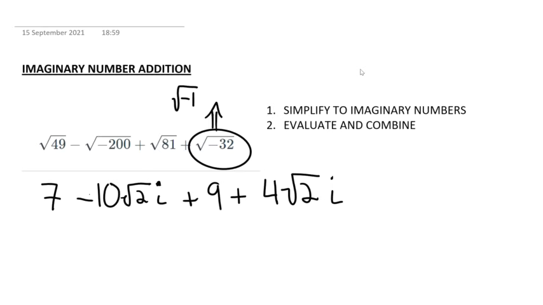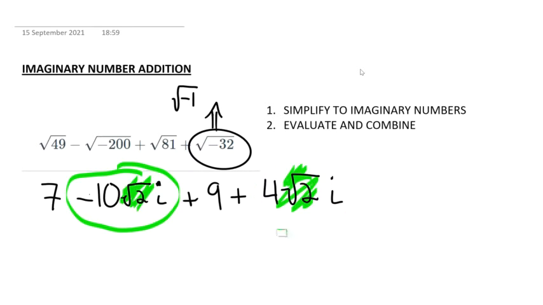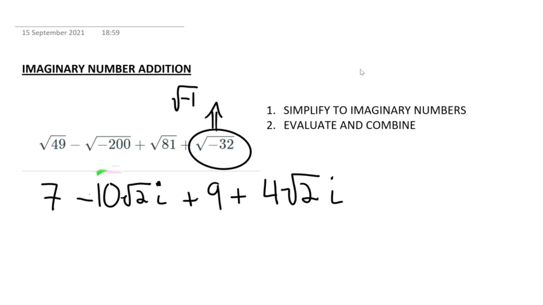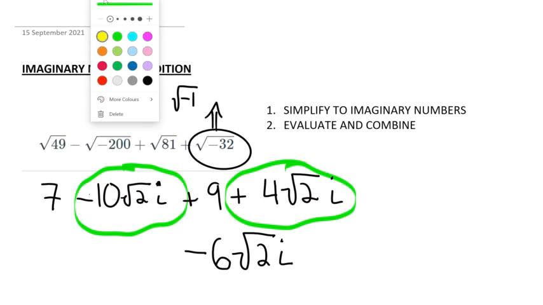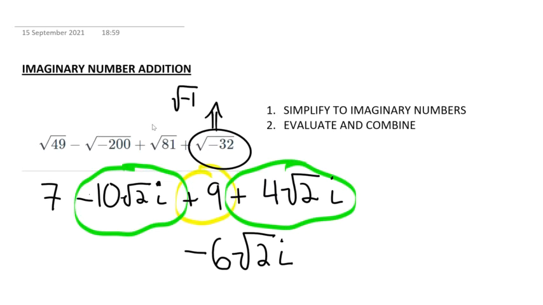So now we can combine like terms. Because there's a square root of 2 in both, we can combine these two together. So let's combine negative 10 plus 4, which is going to give us negative 6 square root 2i. And since we also know that 9 is a number, it can be combined with 7.